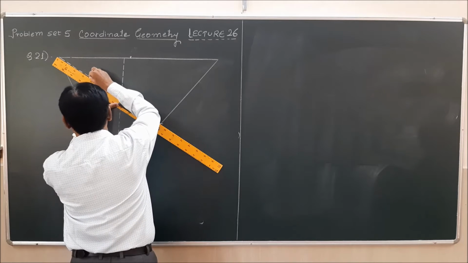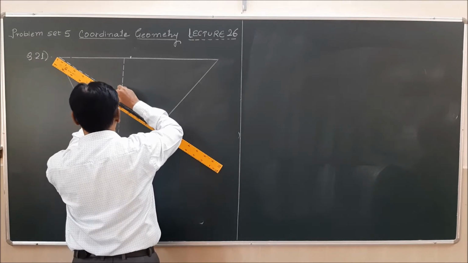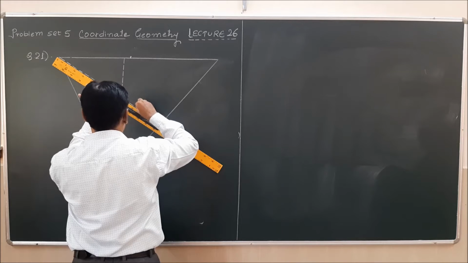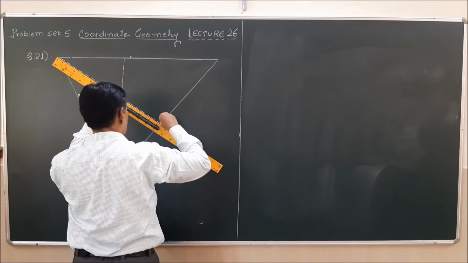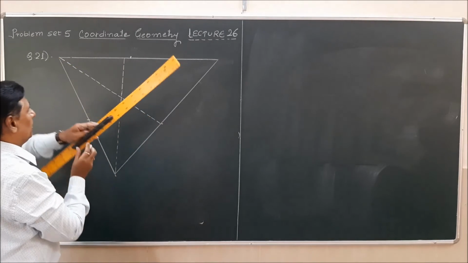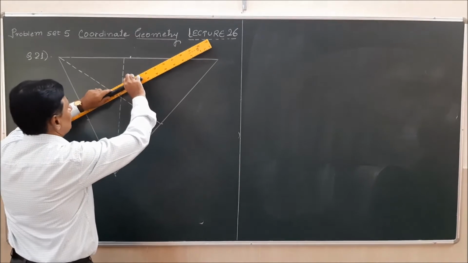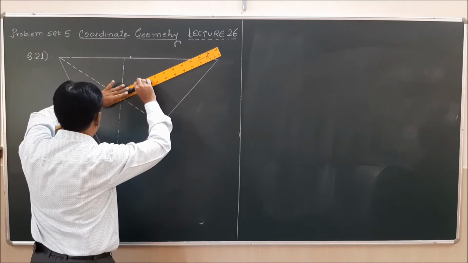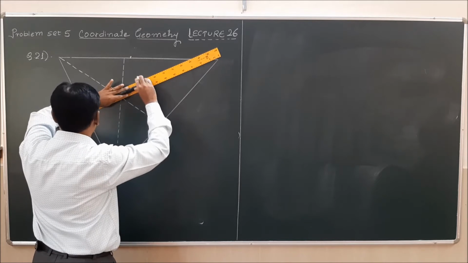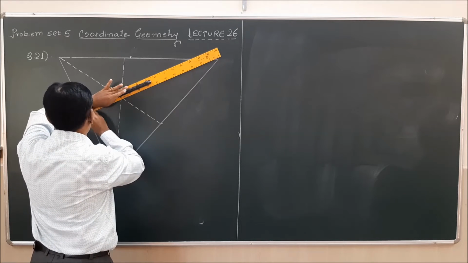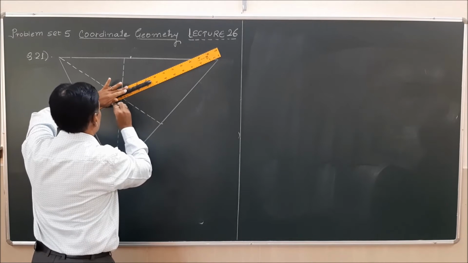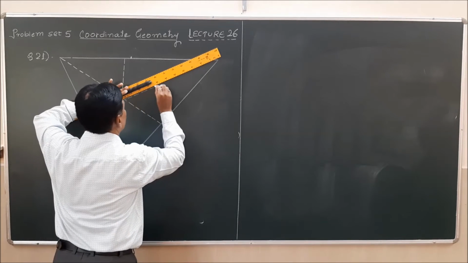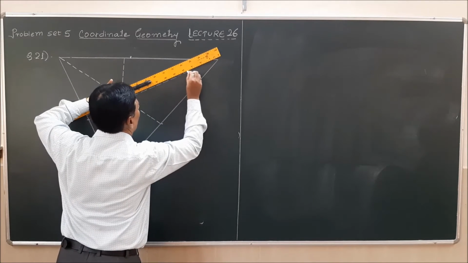We have to find out possible parallelograms. We have to find out the fourth possible value of the fourth vertex of the parallelogram.